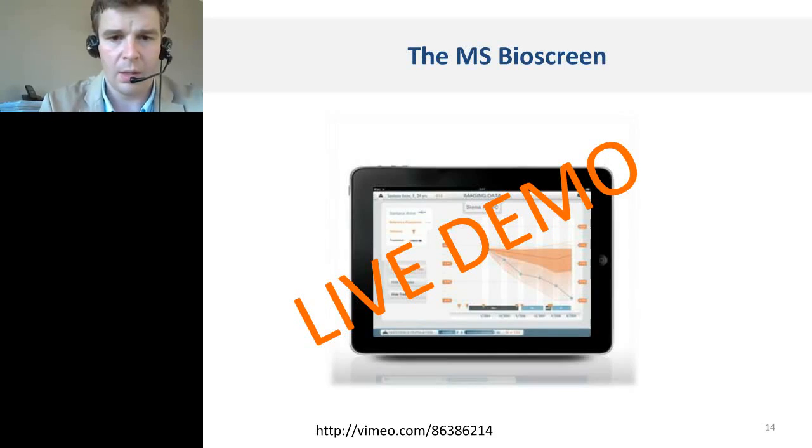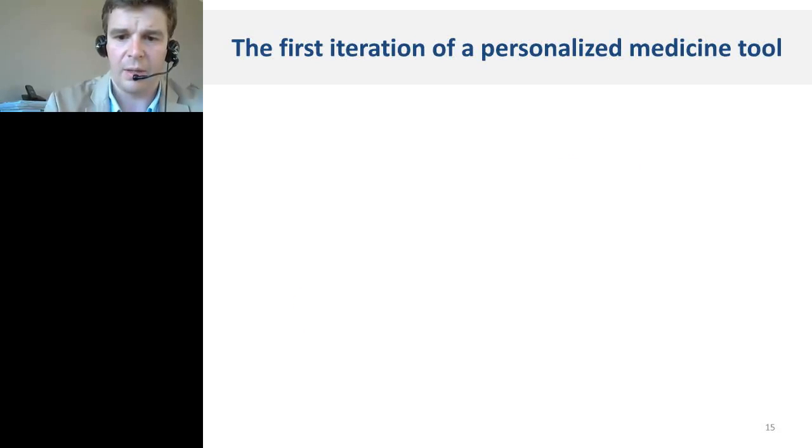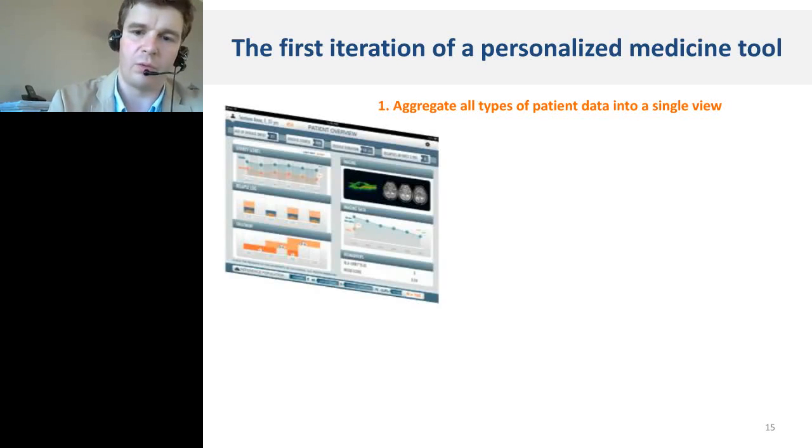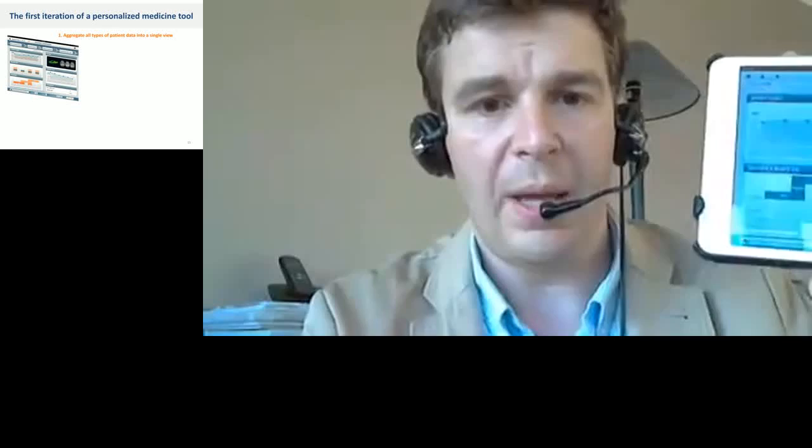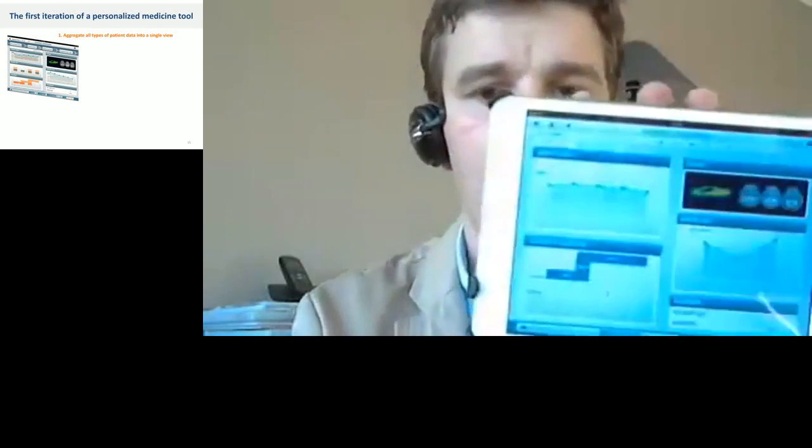So using the slides that I have in here, and the video is pretty quick, I want to go back on the main features of that tool. The first thing is we aggregate all types of patient data into a single view, and that's typically the home page that we have in here.